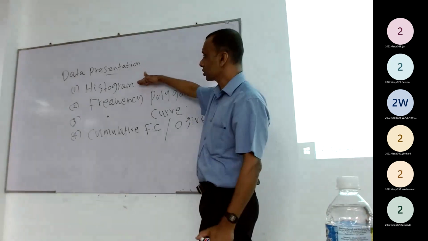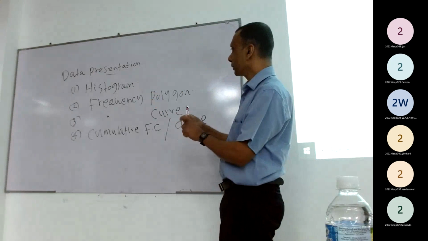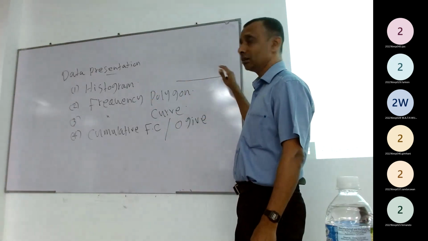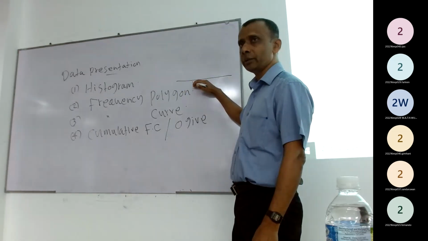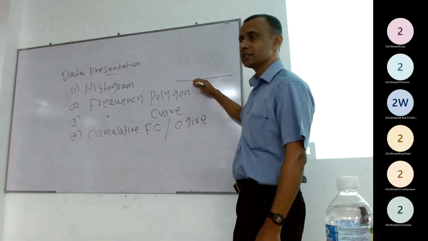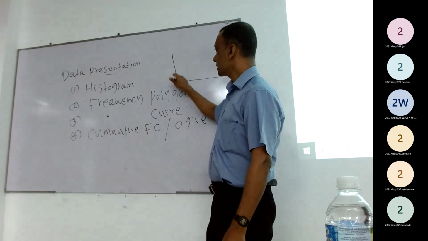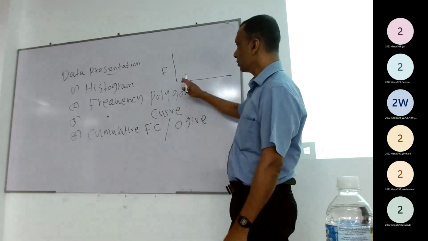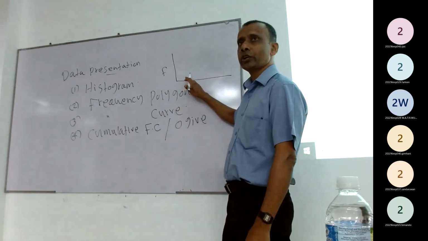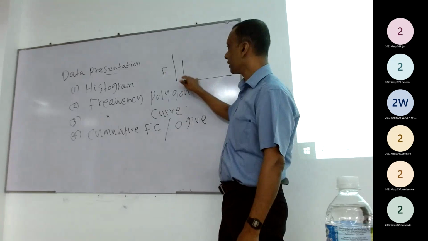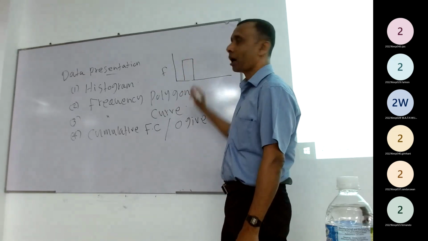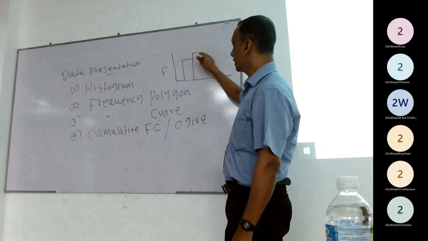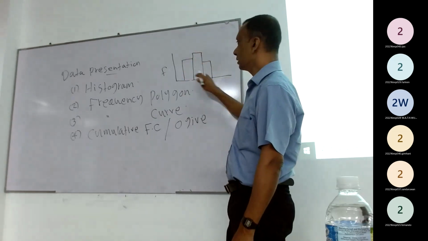Right. What is meant by histogram? Histogram means in the x-axis you can take mid value or real limits. On the y-axis you take frequency. Frequency of each mid value or real limit is represented by a rectangle, that is a bar. All the rectangles should be linked together. Why?